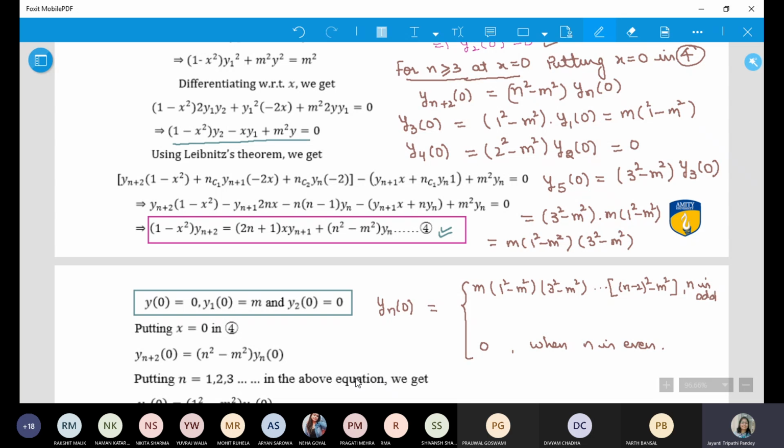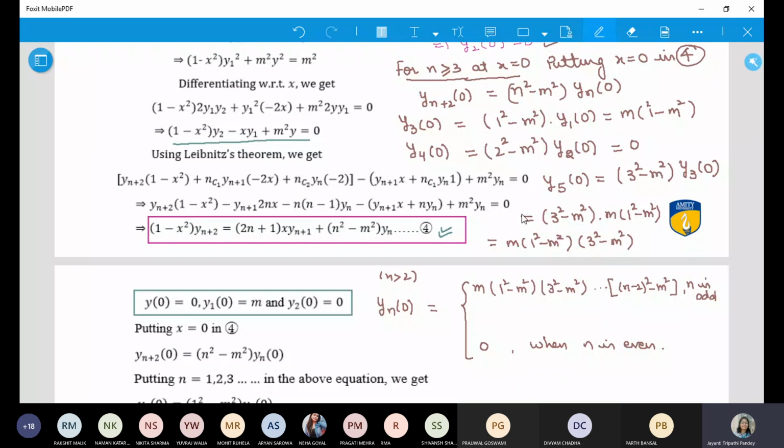Is this fine? And obviously you talk about this when n is greater than 2. Then we write it in this manner, otherwise it will become negative unnecessarily. Is this fine or not? Yes, ma'am.